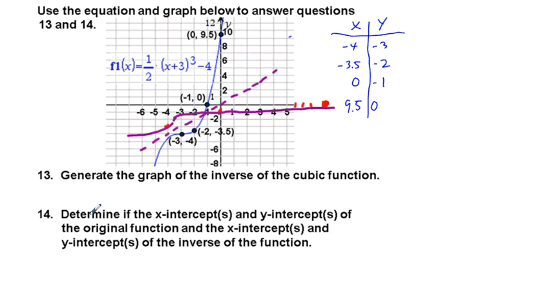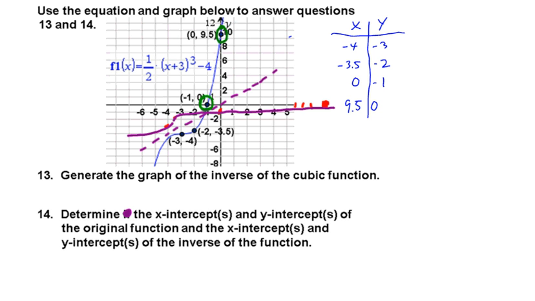14, determine the x-intercepts and y-intercepts of the original function, and the x-intercepts and y-intercepts of the inverse function. I looked at the wording, and the word "if" isn't supposed to be there. So here you have, I'm going to just color code them. For the original function, we have an x-intercept here in green, and a y-intercept up here in green.